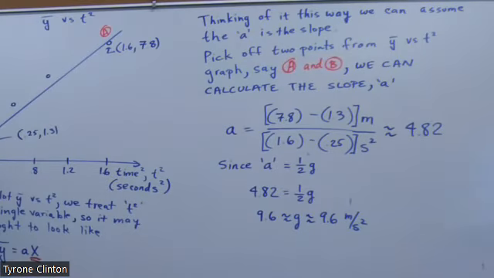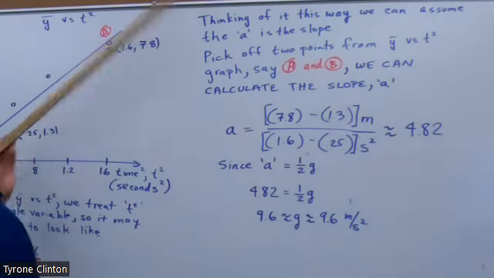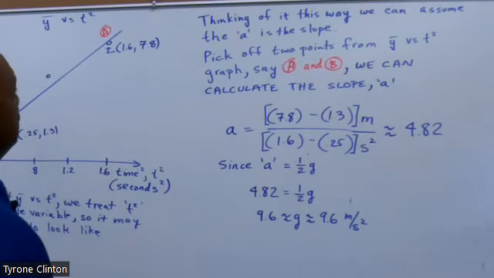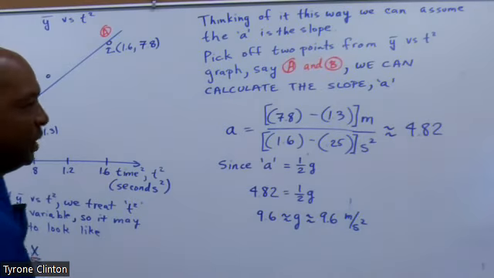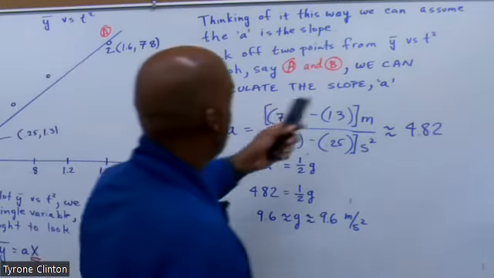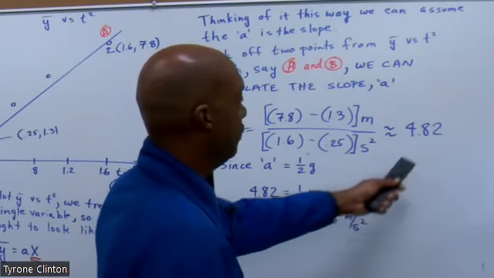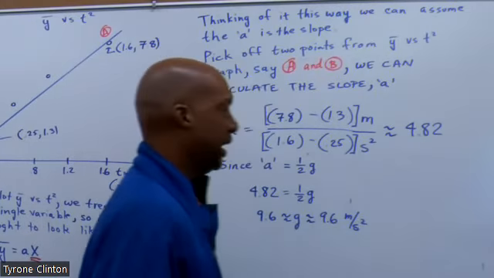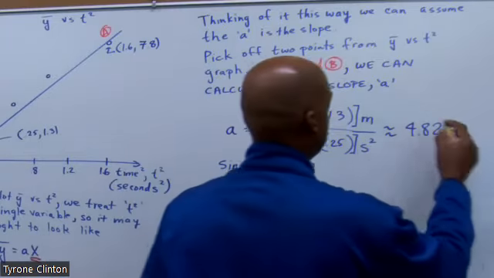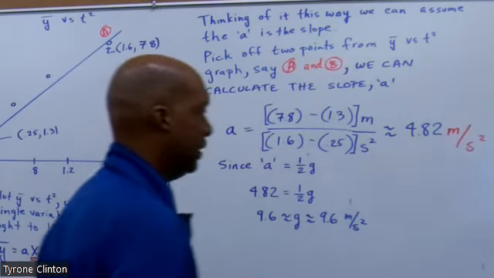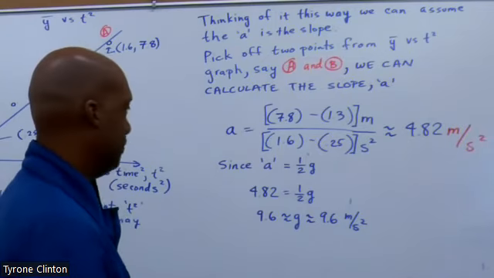When I put my little straight edge here, my ruler, it didn't show up very well. So I just decided to do that. And so now I just find the slope of this line. The slope of this line turned out to be, for me, about 4.8. And the units are, notice here, meters per second squared. That's going to be a point of emphasis throughout the semester.